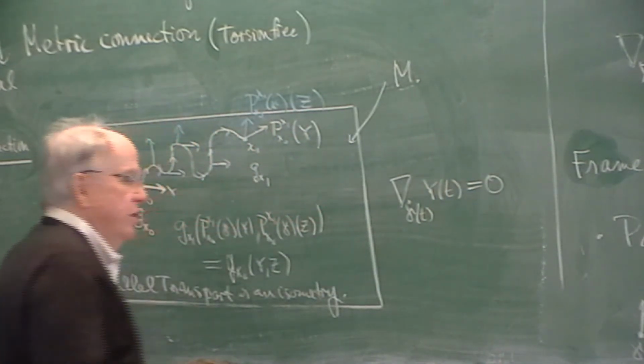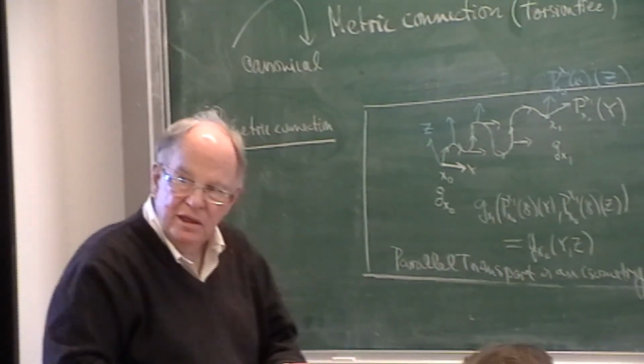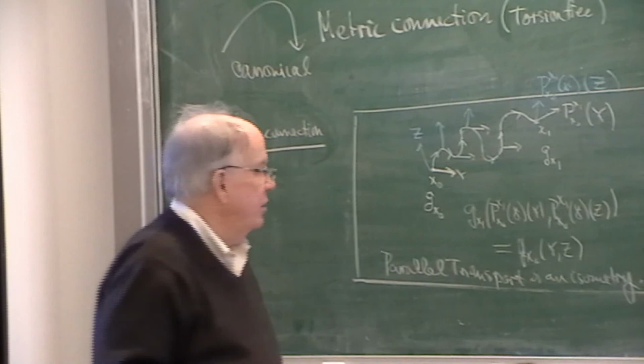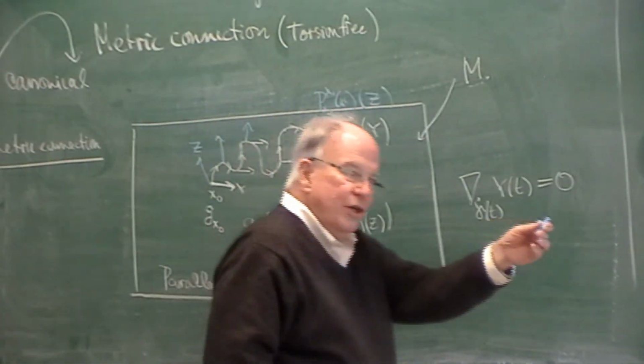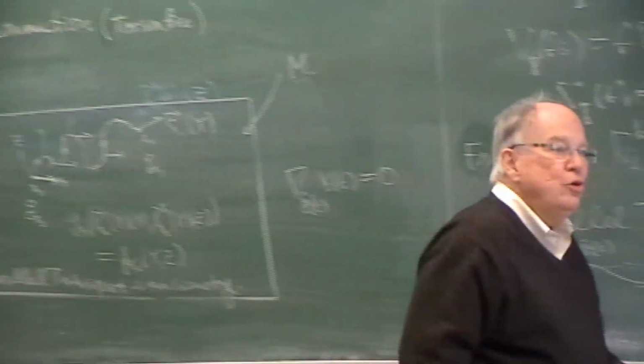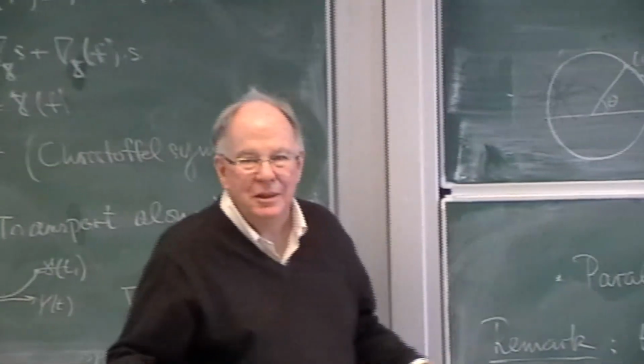This is the right definition of parallel transport. This transports the vector along the curve parallel with respect to the connection. Okay. The space of all connections is a huge space. We talked about it, with partition of unity.